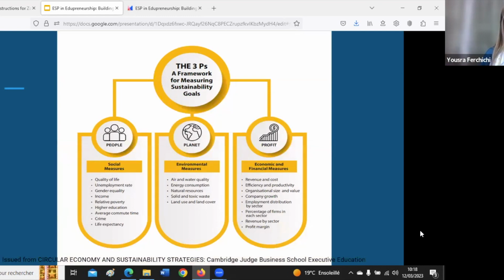Now, we speak about the 3 Ps framework for sustainable goals. The 3 Ps stand for people, planet, and profit. People includes the social dimension. The planet includes the environmental dimension, and the economic one, of course, most and foremost for everyone who studies, because they seek to work.